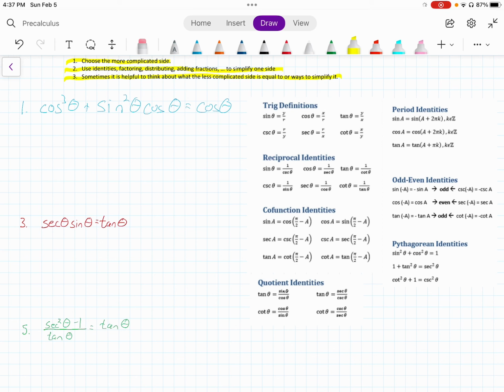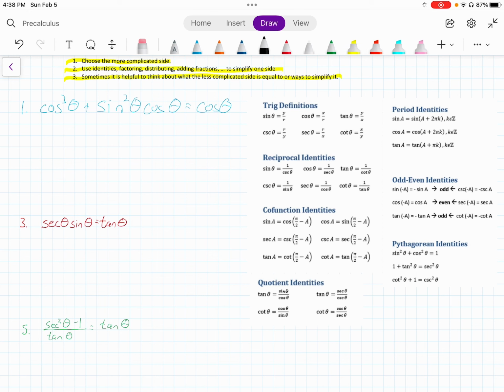And one thing I didn't mention here, sometimes if we're stuck, we can change everything to sine and cosine, and we can do that using reciprocal identities and quotient identities, which let us put any trig ratio we want into something that deals with sine and cosine. All right, so we're going to get to it. We'll try to talk through why these things are true as we work through them.